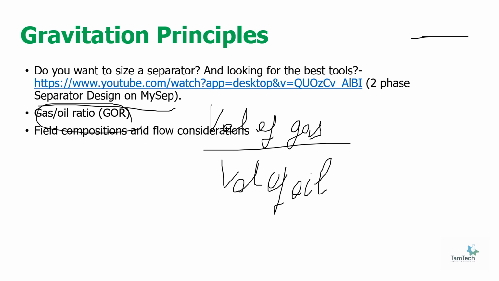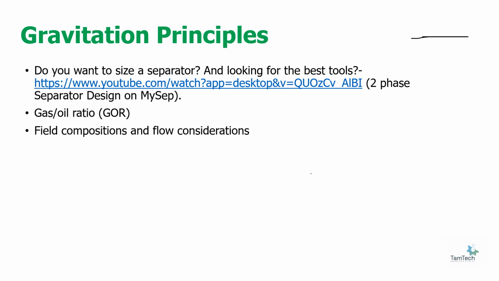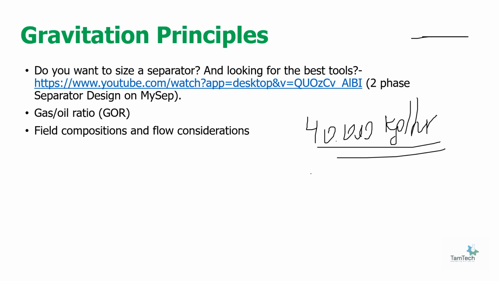Okay, so the next term is field composition and flow considerations. In this matter, generally the separator must be designed to perform over the full range of flow rate. Let's say the inlet flow rate is more than, let's say, 40,000 kilograms per hour, though it could be any value; I just took 40,000 as an example.